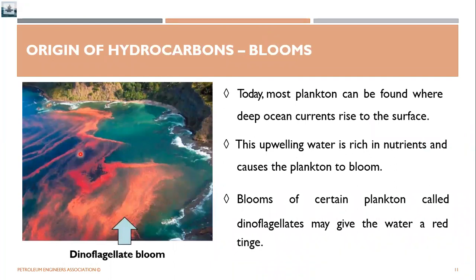And at times, if you happen to visit the beaches, not the normal tourist beaches, but the cliffside areas wherein you have the seas touching the land, in certain cases you might get to observe a reddish tinge in the sea water, in the oceanic water. Those are the indications of the existence of the planktons, right?